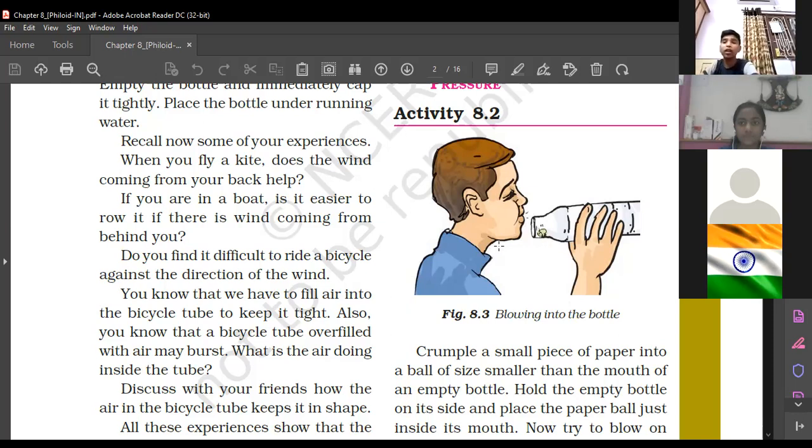Okay. Can I also tell? Yeah. Sir, we should take one glass and one straw, and we should pull the water to our mouth, sir. Okay. So what will happen?